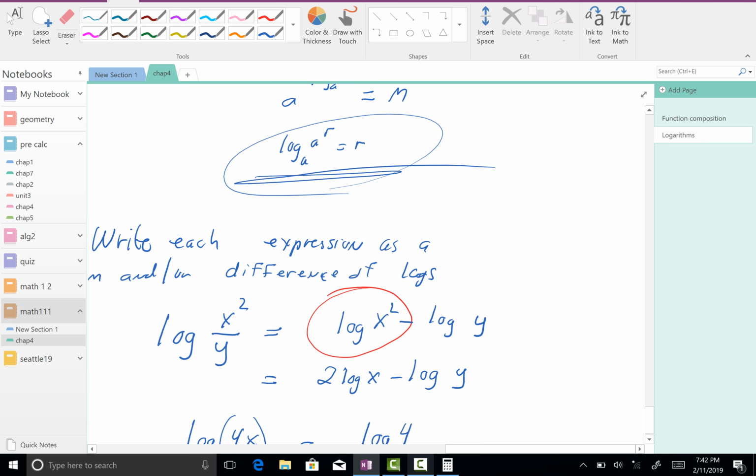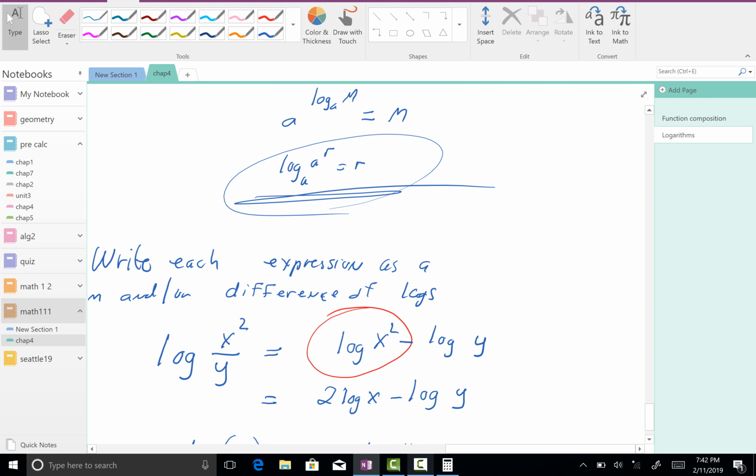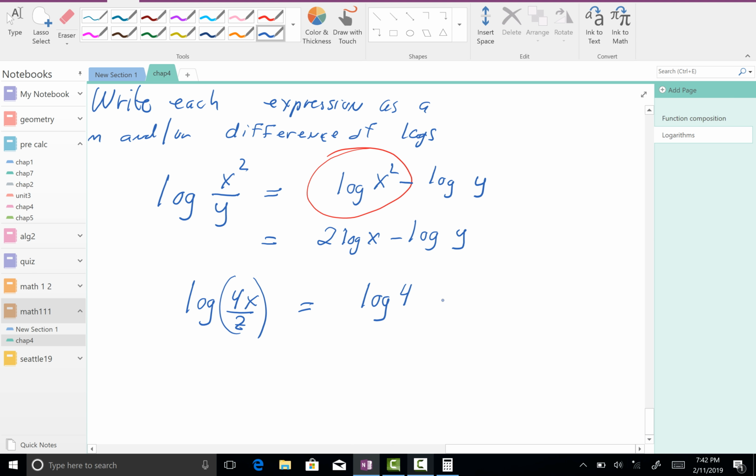Let's look at our property: a times b is equal to log a plus log b. This is 4 times x, so that's going to be log 4 plus log x. It's a division, so what operation is that? Subtraction: log z. It's going to look like that. All you're doing is just using those properties.